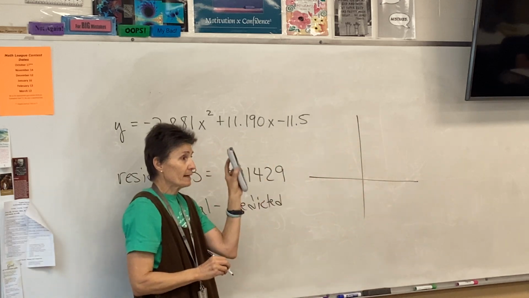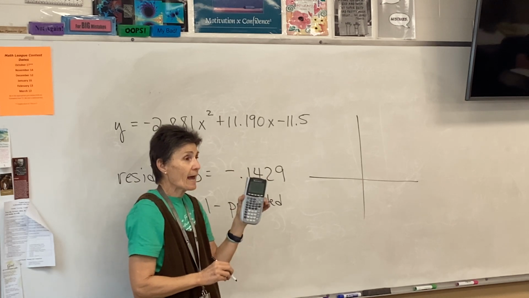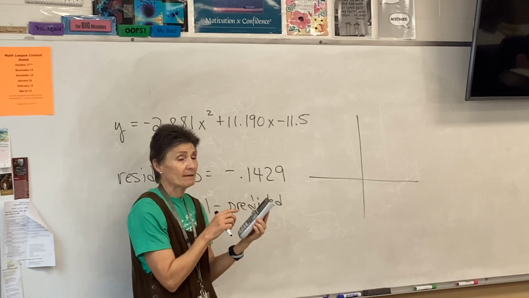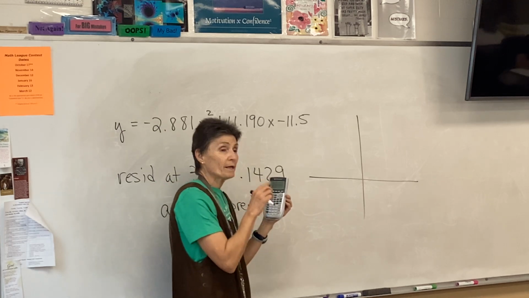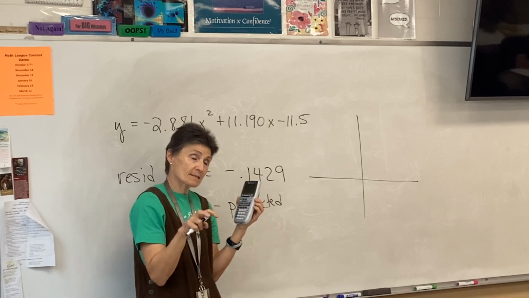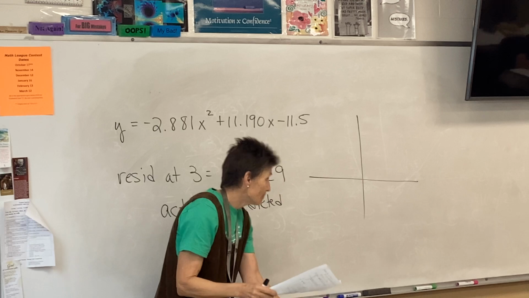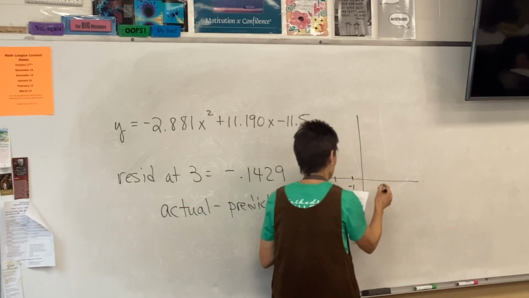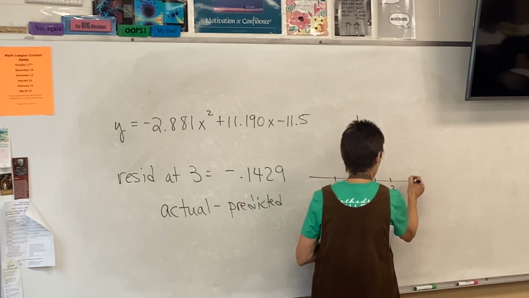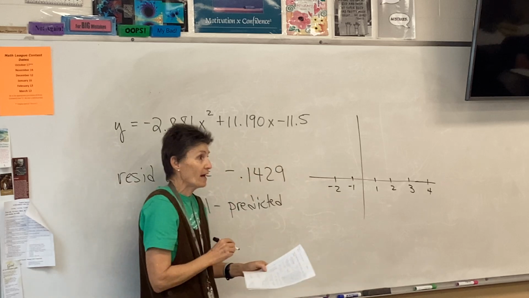All right, did everybody get it on your calculator? Okay, now we're going to actually reproduce that on our own. If you want to go back to your list, you can absolutely do that. We're going to be plotting residuals at -2, -1, 0, 1, 2, 3, and 4.